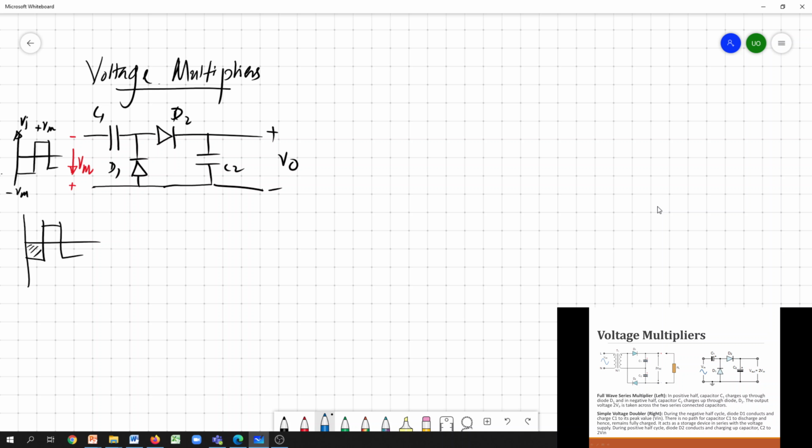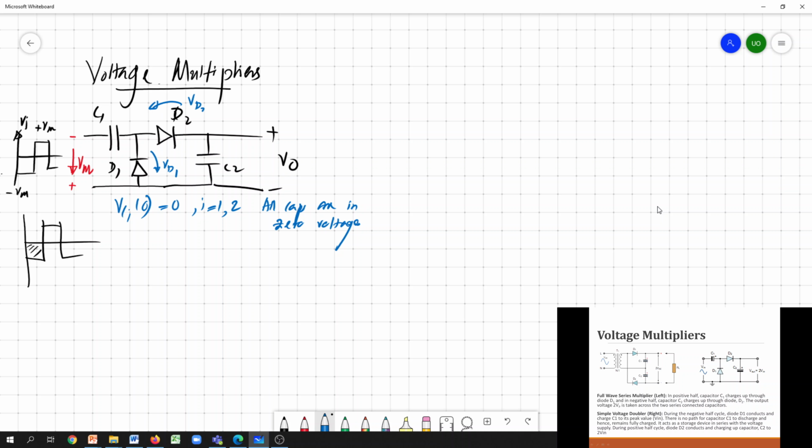Now we have two diodes, so we have to see whether these diodes are on or off, forward bias or reverse bias. Initially we can say that VCi is 0 for i equals 1 and 2, which means all capacitors are at 0 voltage. This is your VD1, and this is your VD2.